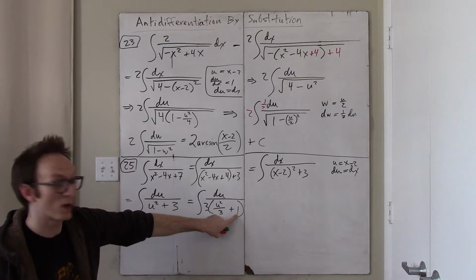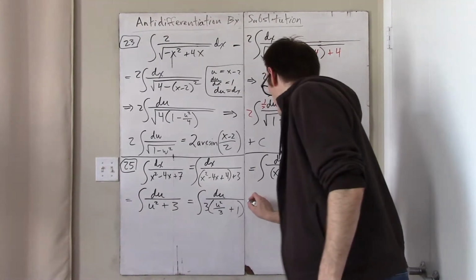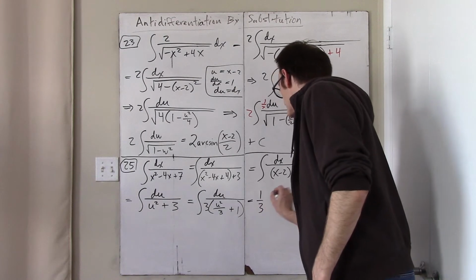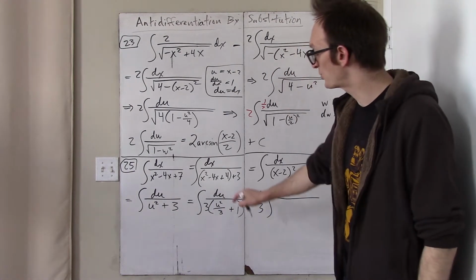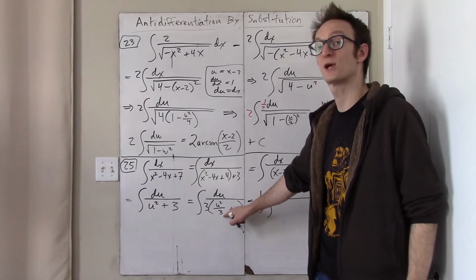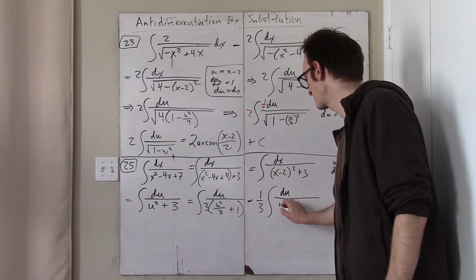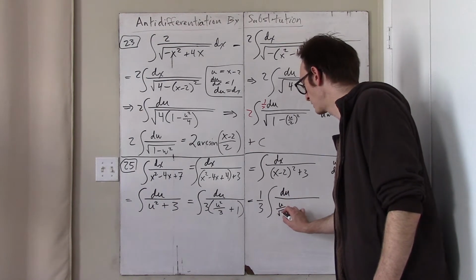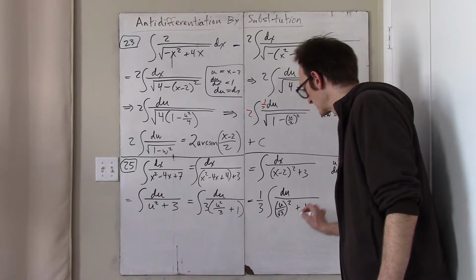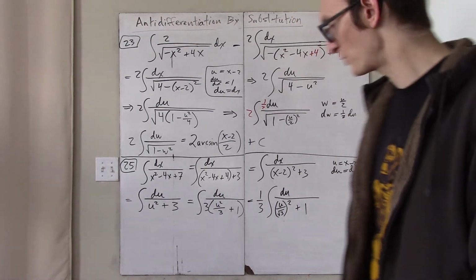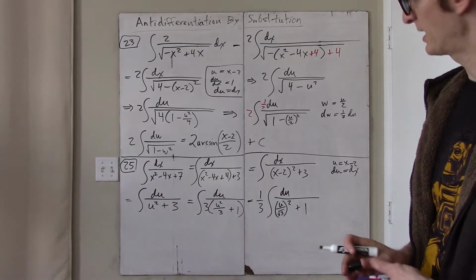Remember, making that a 1 was the whole point, because that's the derivative of arctan. So that becomes 1/3 du over, but when I rewrite u squared over 3 in preparation for a u-sub, it's a little gross. I have to write u over root 3 squared plus 1, to force it into the variable squared plus 1 format, which is what I want, because that's arctan.